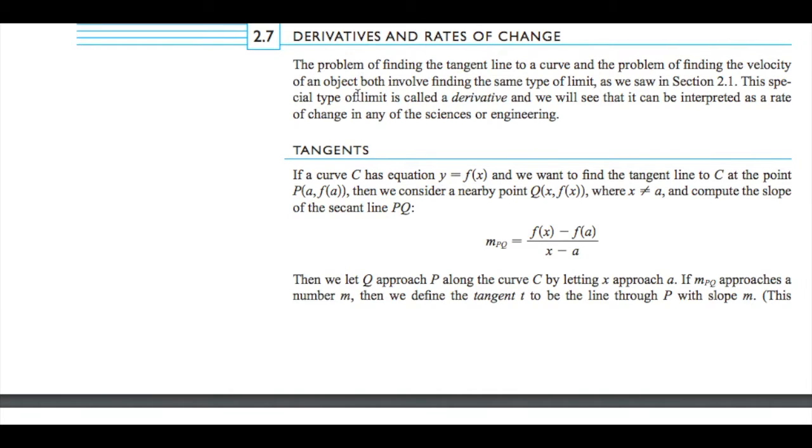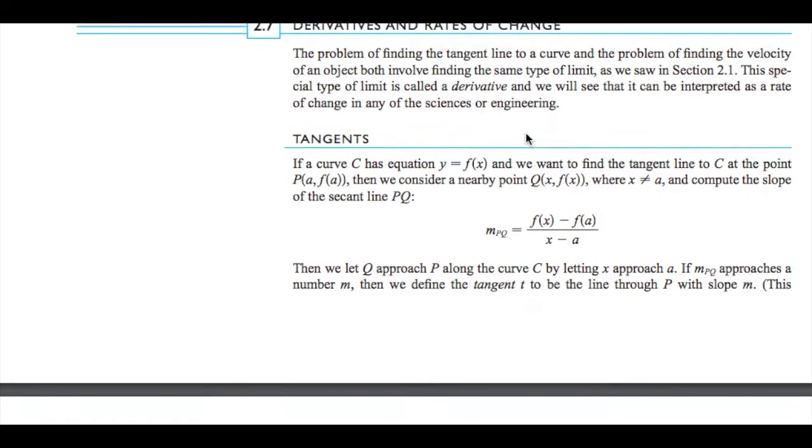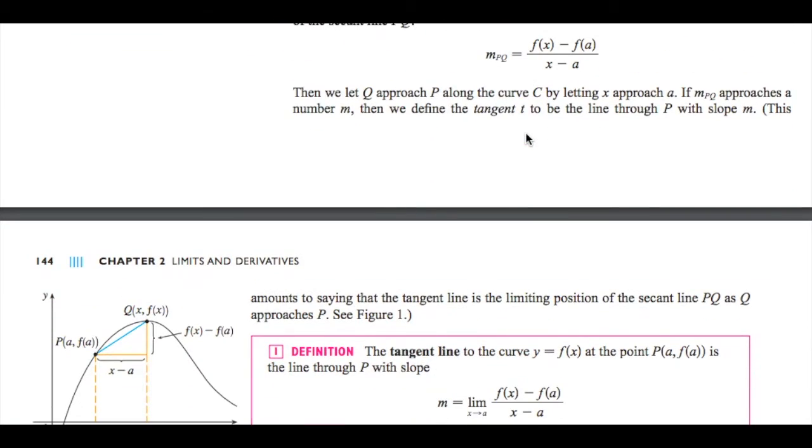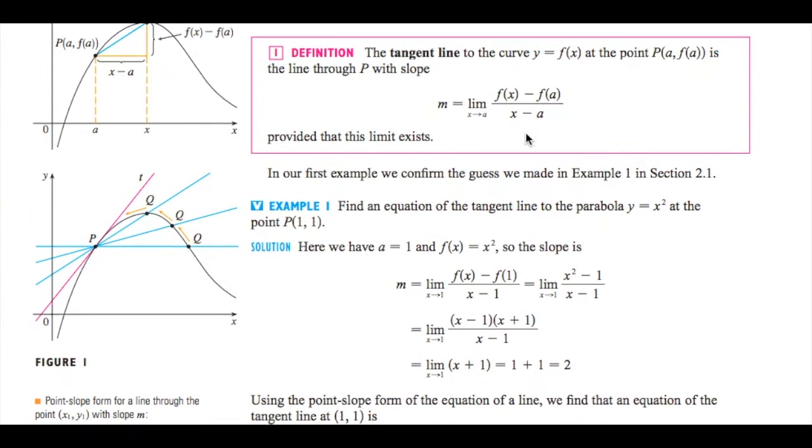Okay, it's a type of limit, and that is half of what calculus is trying to learn about, just learning about what a derivative is. All right, so let's take a look at the definition.